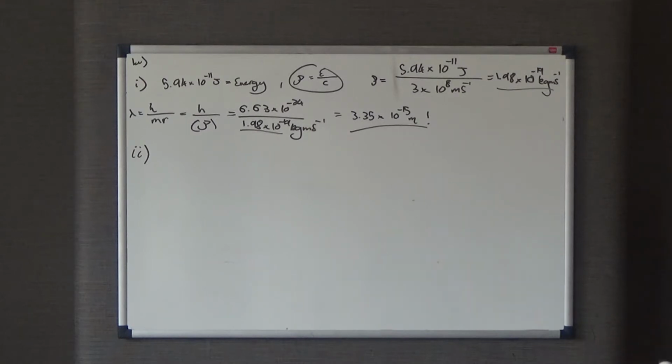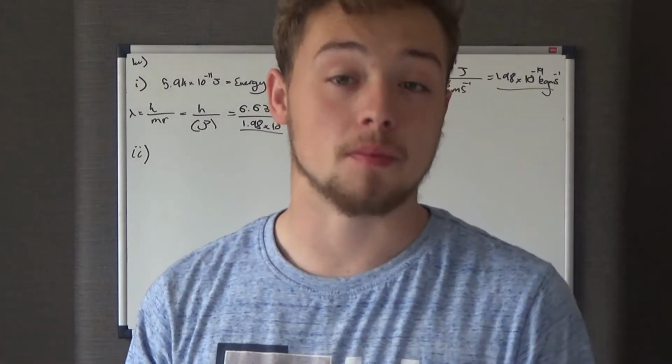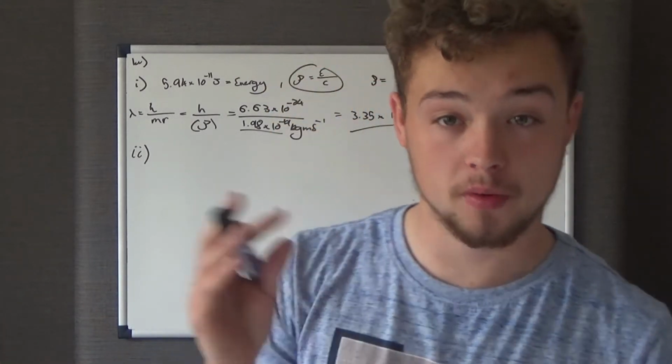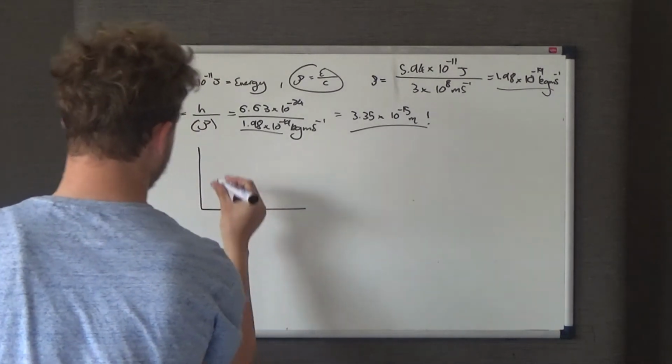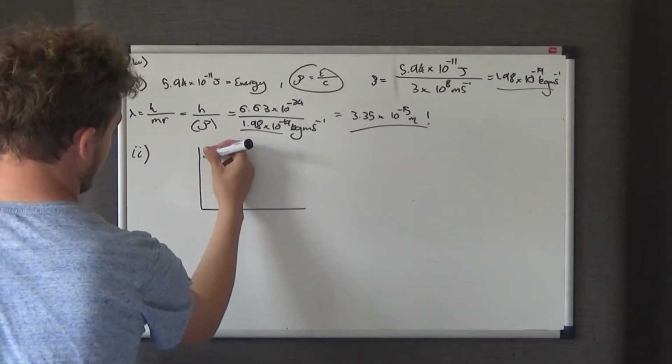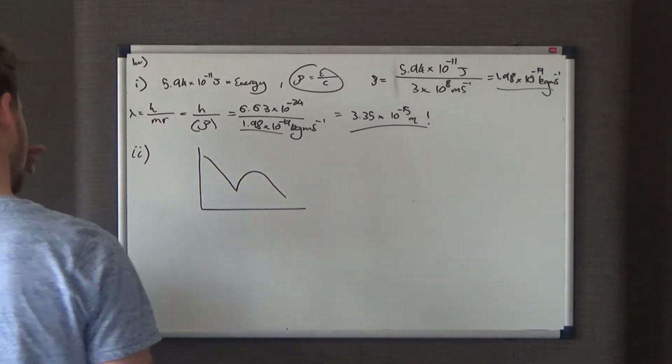Now this next bit uses a diagram. Because the paper is now online, obviously you can look at the paper online yourself and look at this graph. But I'm going to do a quick sketch of it. So basically what we've got is it's showing the intensity of the diffraction beam from this electron. So it looks something like that.